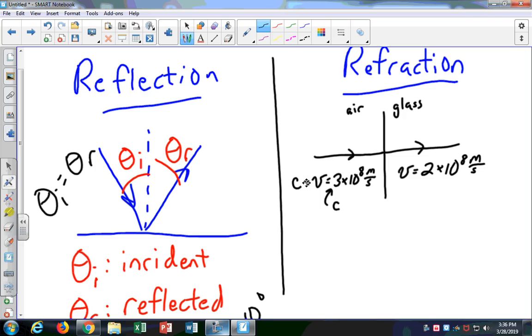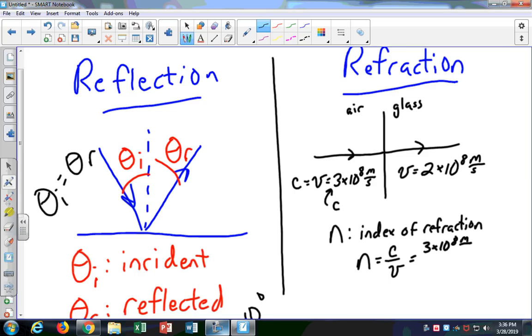And we describe this based on the index of refraction. N is the index of refraction. It describes the relationship between c and v. So for example, for glass, c is equal to 3 times 10 to the 8th meters per second.